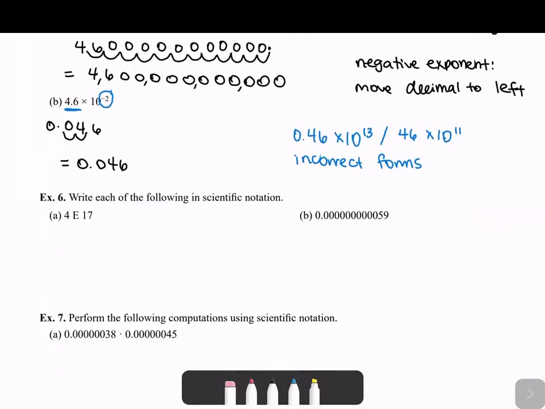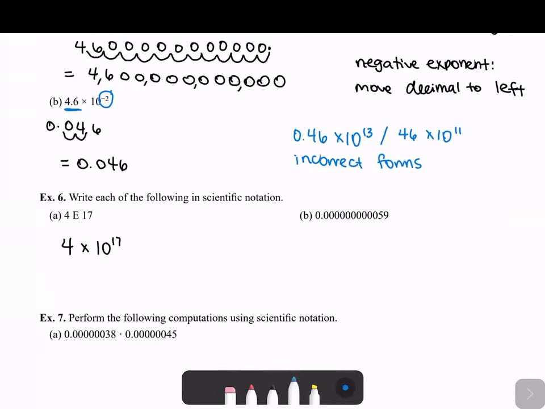One really common way that people tend to write scientific notation is with this uppercase E. This E is what calculators typically show. If the answer to an operation you've plugged into a calculator is a really large or really small number, the calculator only has so many place values it can display on a screen. So if it's a really large number, they tend to write this E. And all this means is 4 times 10 to the 17th; that's all the E is short for.